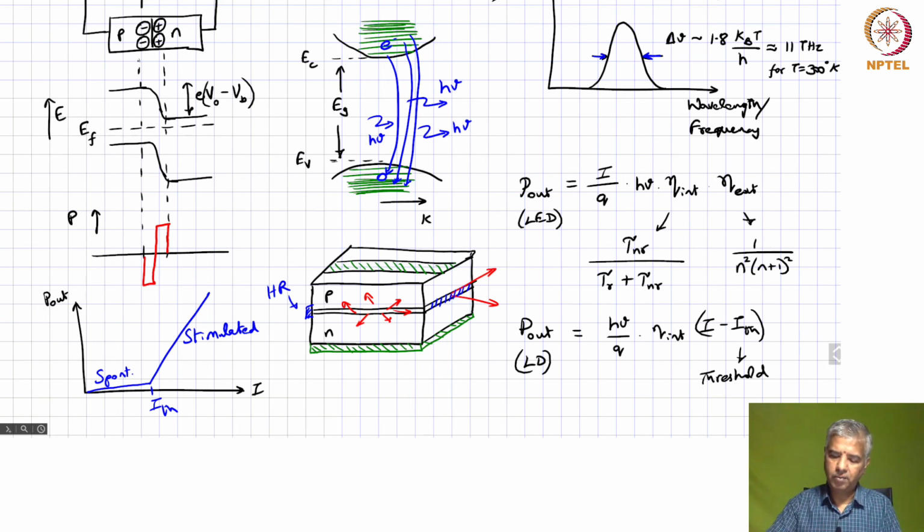If I have a current source over here, and if I have an alternating current source, I'm injecting current in a sinusoidal manner, then correspondingly the output is going to be increasing and decreasing as a function of time. So you can actually modulate the output.